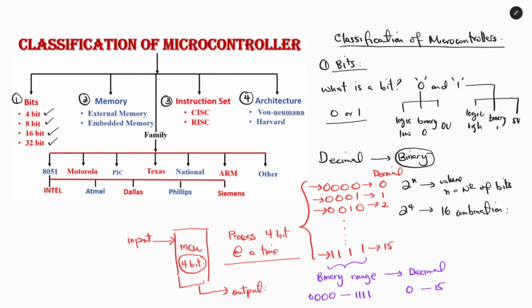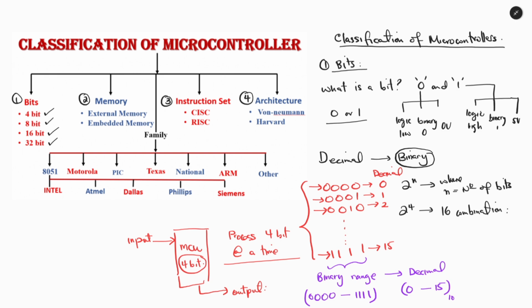So both the binary and the decimal are the same, but the difference is that the binary is in a binary number system and decimal is in a decimal number system. And in our discussion of number conversion and codes, we know that a decimal has a base of 10.